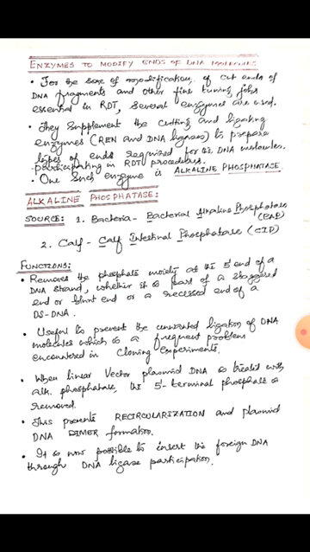So, when linear vector DNA is treated with alkaline phosphatase, it does its job. That means it removes the 5' terminal phosphate group. The moment you remove this phosphate group, this prevents recircularization and plasmid DNA dimer formation.